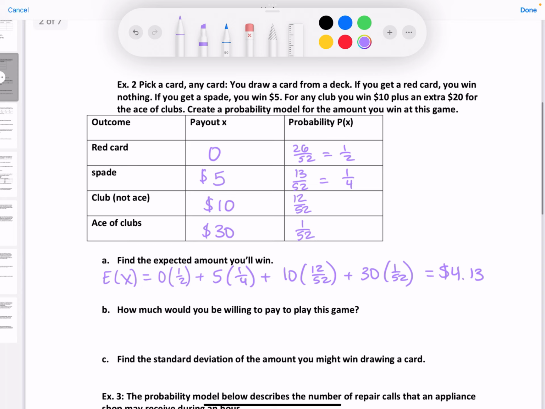If it was on the AP exam, they would want you to say anything less than $4.13 to guarantee you win something. But if you just wanted to chance your odds, $5 could be reasonable. And even at $5, you're only losing like 87 cents if you do that.